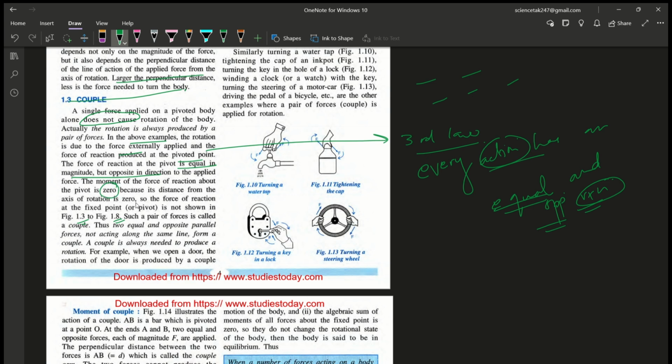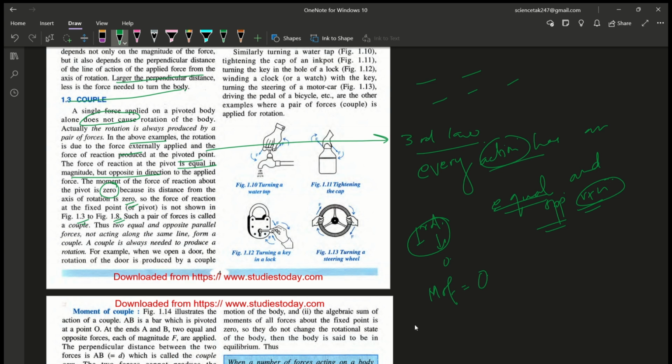If the perpendicular distance is 0, the moment of force would be 0 because perpendicular distance is one of the terms of the product, right? Such a pair of forces is called a couple.